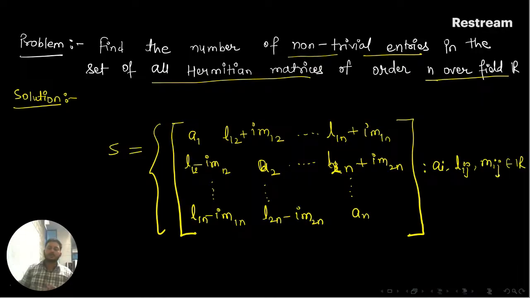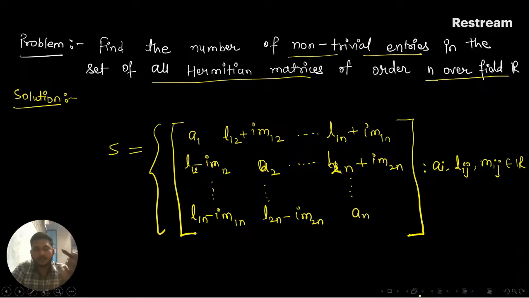So these are the entries for taking the non-trivial entries for all Hermitian matrices of order n over field R. So this is the basic representation for taking the non-trivial entries in the set of all Hermitian matrices of order n over R. Okay. Now come to the next point. Here the non-trivial part is for all diagonal entries, which is n.